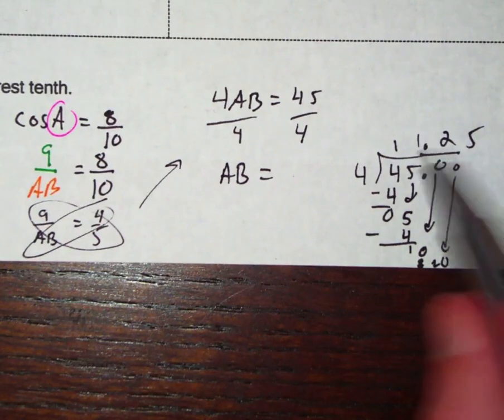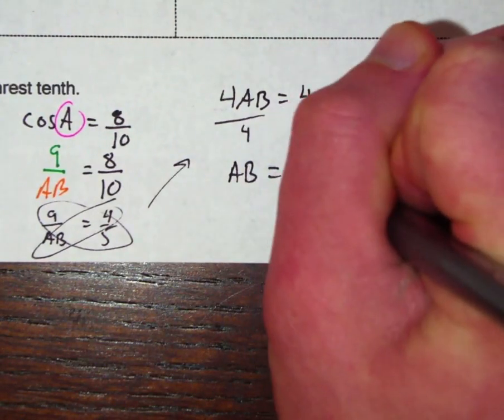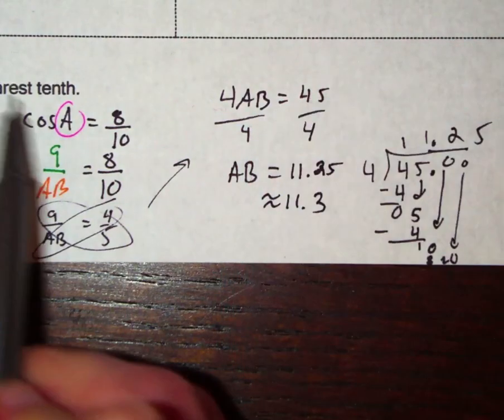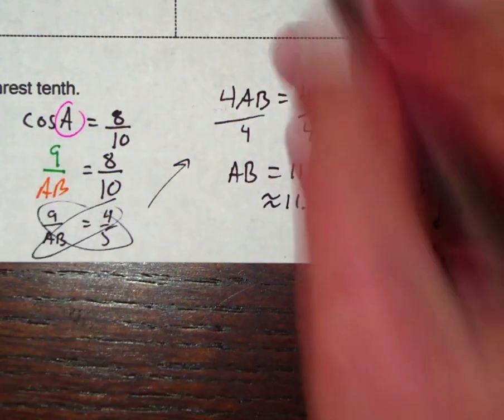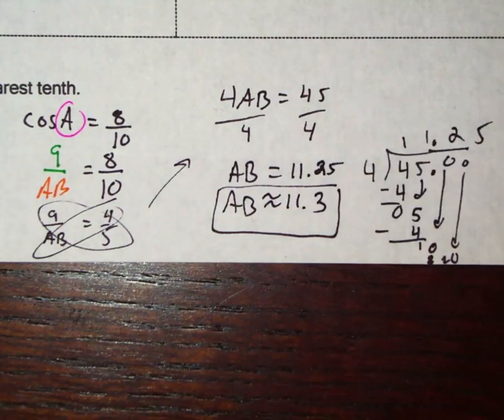But the answer is not 11 and 25 hundredths. The answer is 11 and 3 tenths because I'm rounding to the nearest tenth. So the distance from A to B is approximately equal to 11 and 3 tenths. Watch out for the rounding. Okay, good luck.